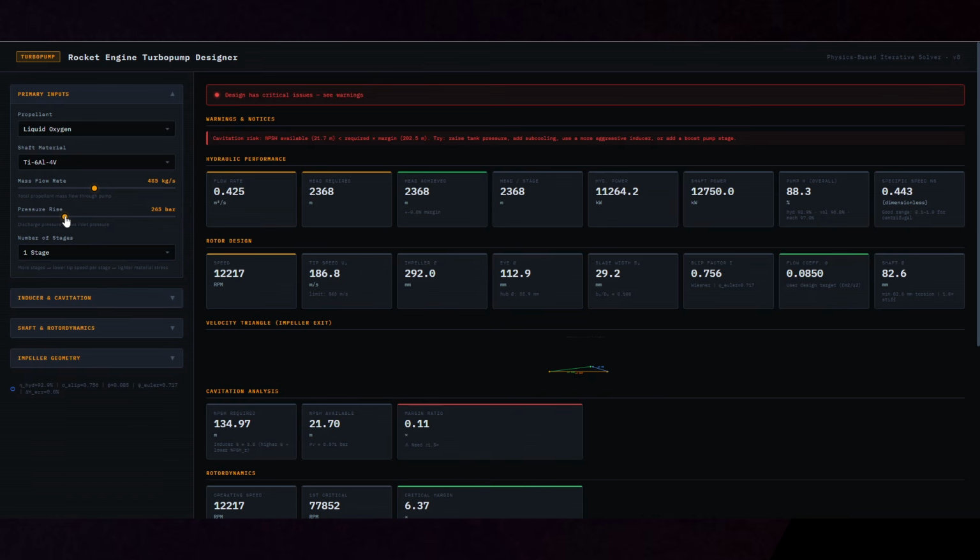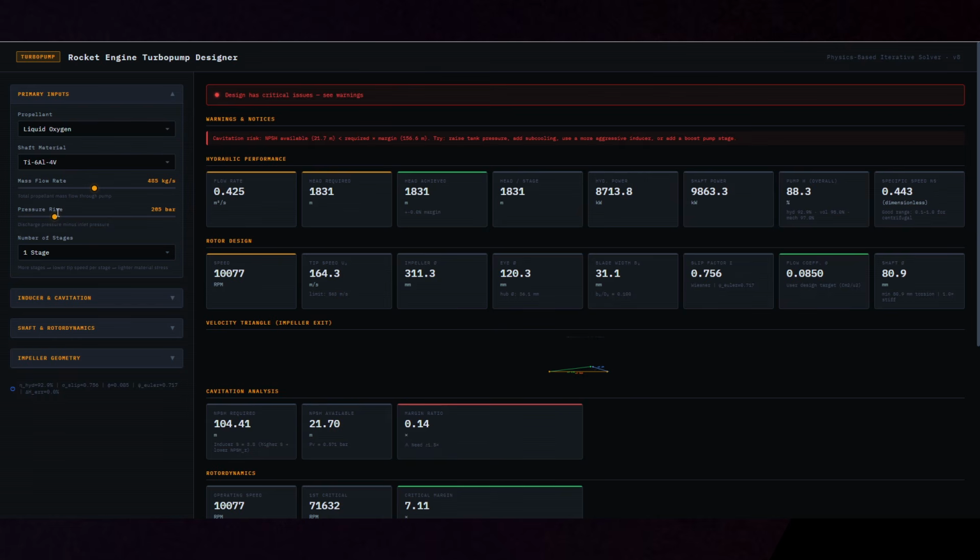So the tank is usually at maybe 2, 3, 4 atmospheres, something like that. And then the combustion chamber is often like 100 times that. So we could have it at 200 bar, which ends up being about 2,900 psi. I think in psi myself. So that could be the combustion chamber.